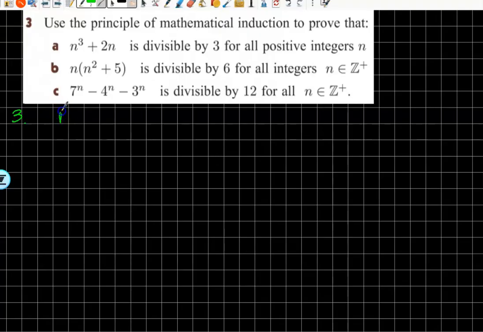Anyway, so P(n): n cubed plus 2n is divisible by 3, for all positive integers, so I can say that with the little plus up there.